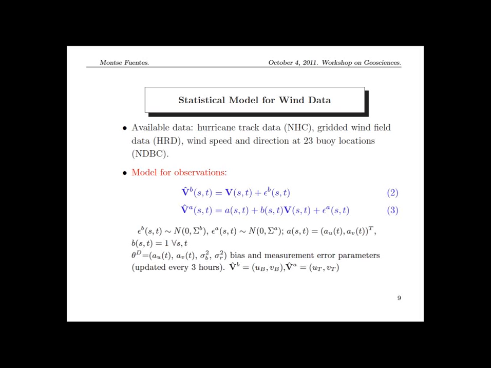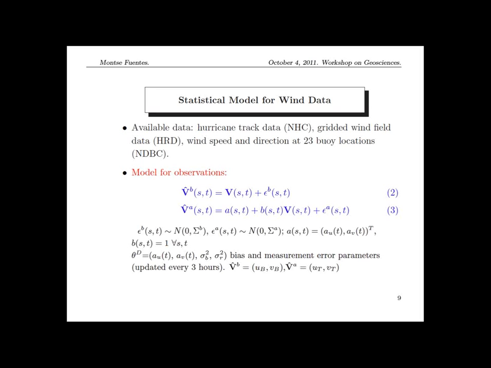Here, the bias you can make changing across space and changing across time. For the case here, the bias is not changing across space, and it's only changing every 3 hours when we get the satellite data updates.